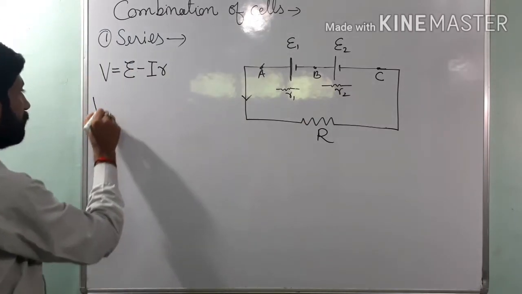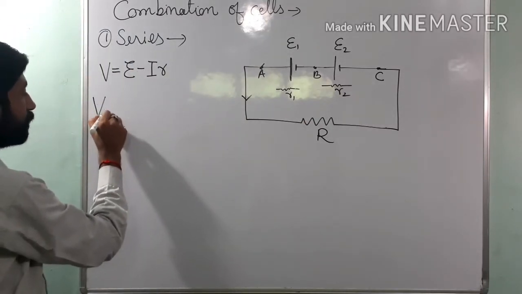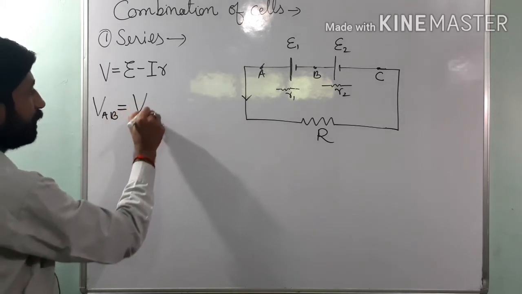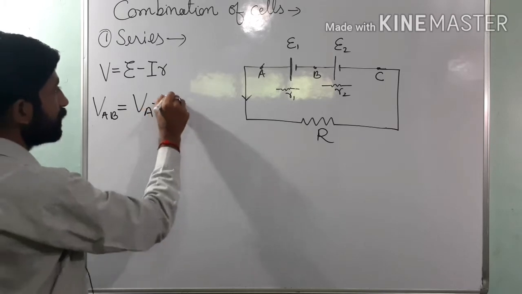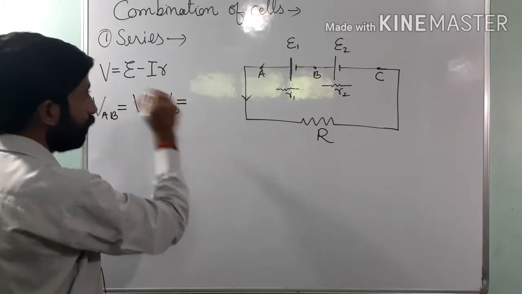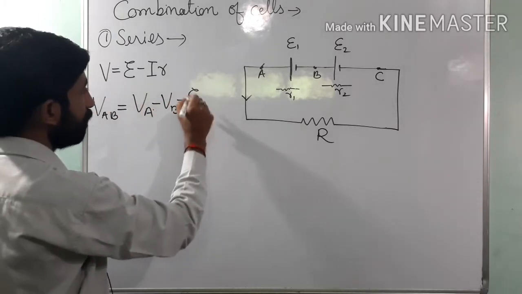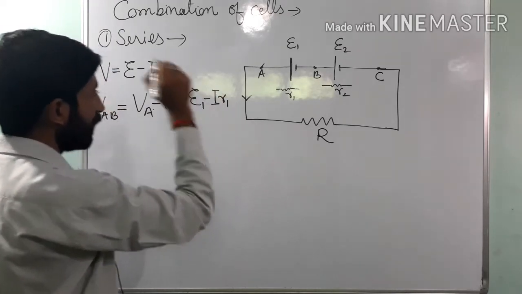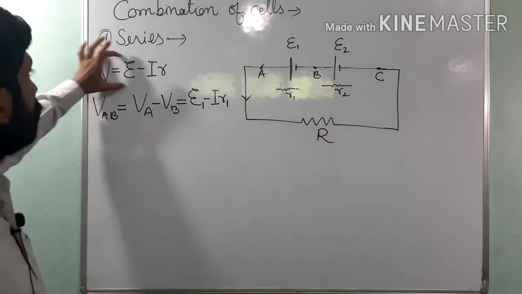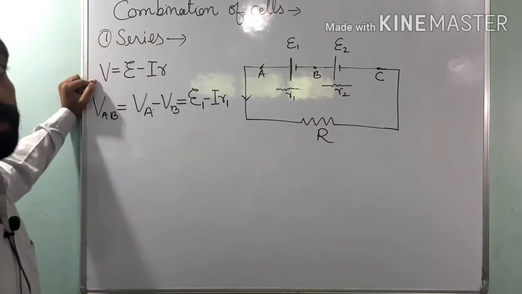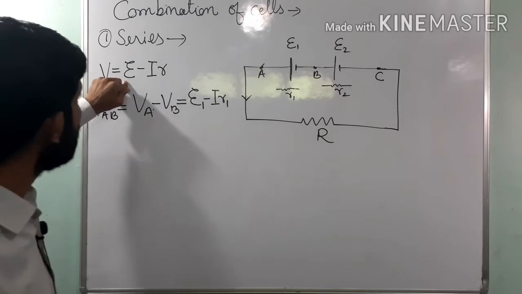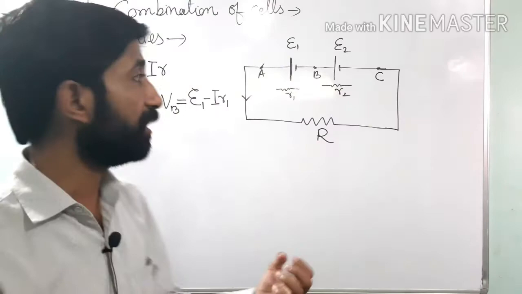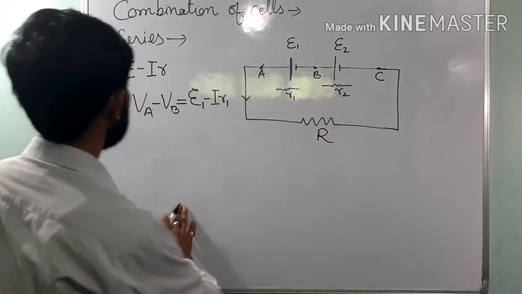So VAB equals VA minus VB, which will be equal to EMF of the cell minus the current times R1, according to this relation. This is the terminal potential, the potential difference between the two ends A and B.